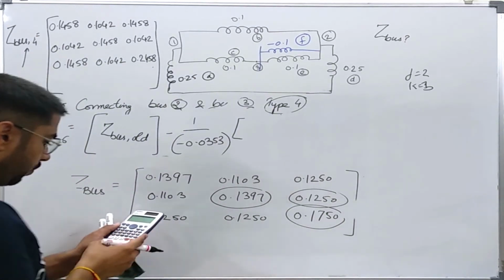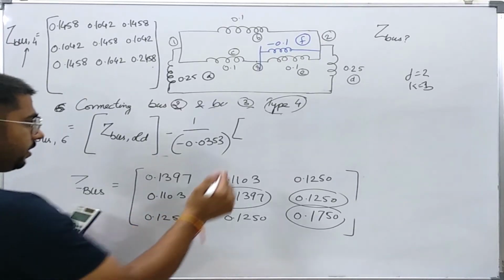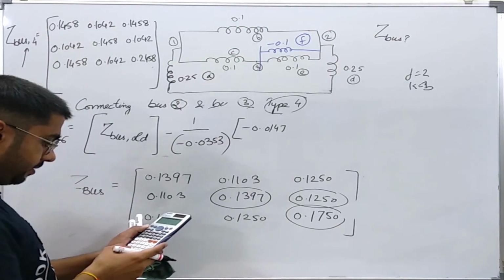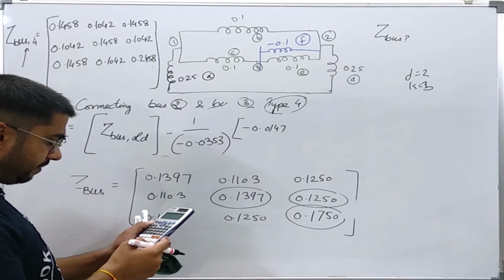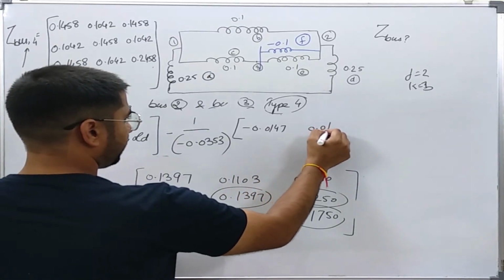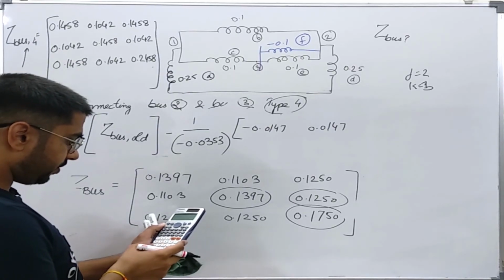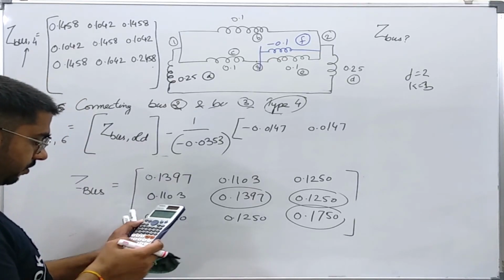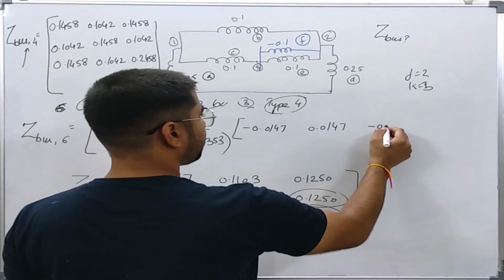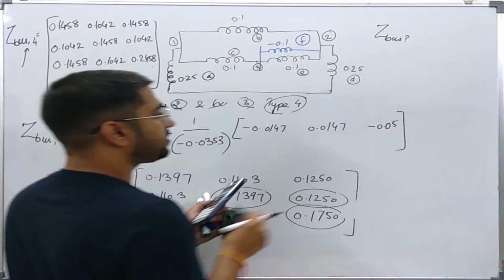What will it be? 0.1103 minus 0.1250, which is minus 0.0147, 0.1397 minus 0.1250, which is 0.0147, 0.1250 minus 0.1750, which is minus 0.05. Now L transpose will be simply its transpose.